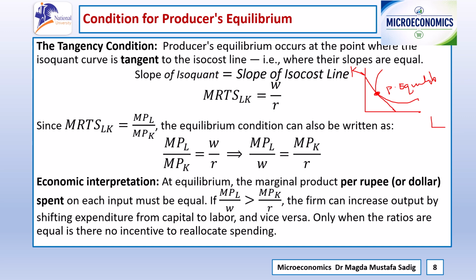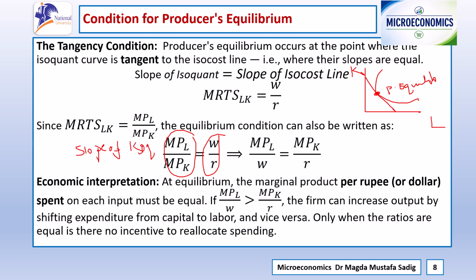Why is tangency important? At this point, the slopes of both curves are identical. The slope of this is the slope of the isoquant, and this is the slope of the isocost. So when the slope of the isoquant is equal to the slope of the isocost, we will have producer equilibrium.